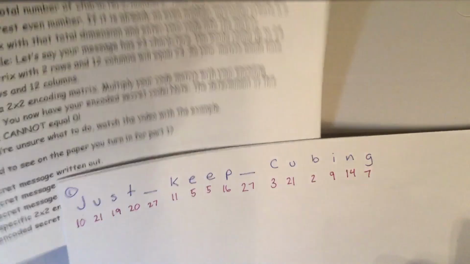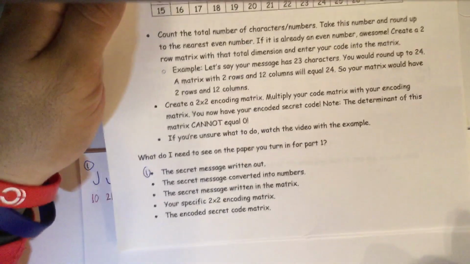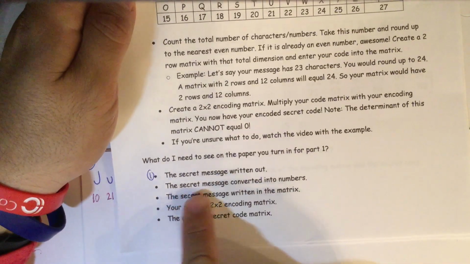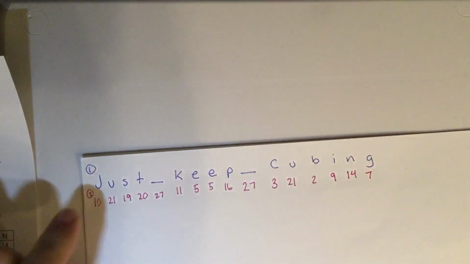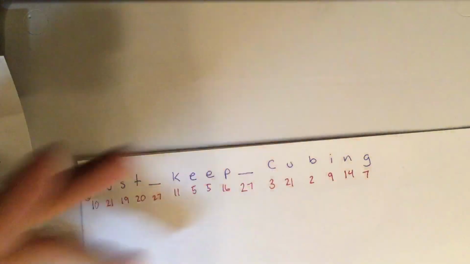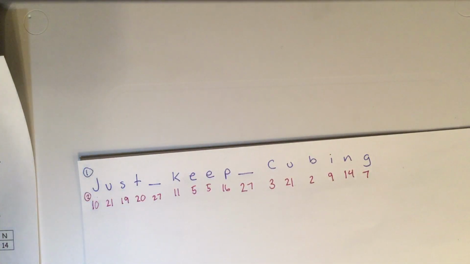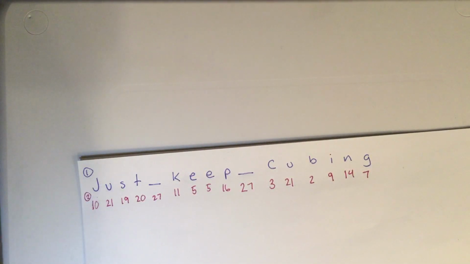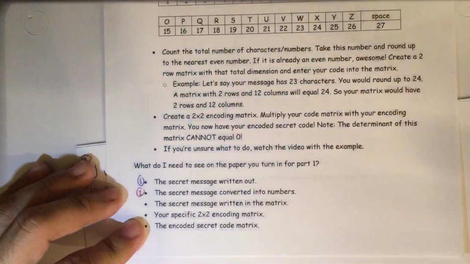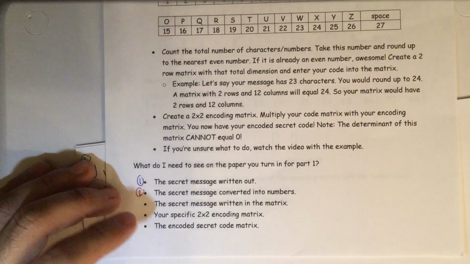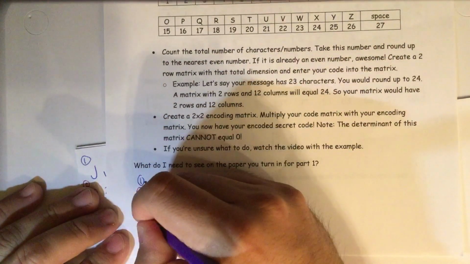Part 2 says to take the secret message and convert it into numbers, which is already taken care of right here. When I converted this to the numbers, that was the second part. Part 3 says the secret message has to be written as a matrix.